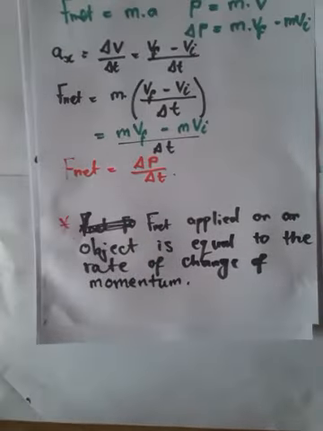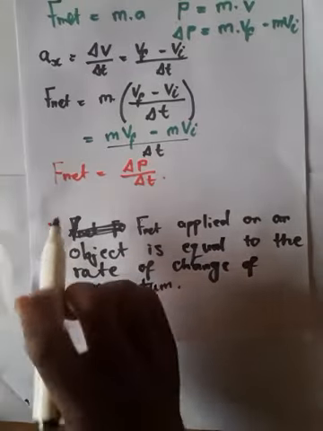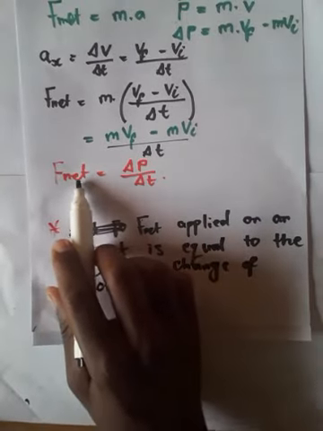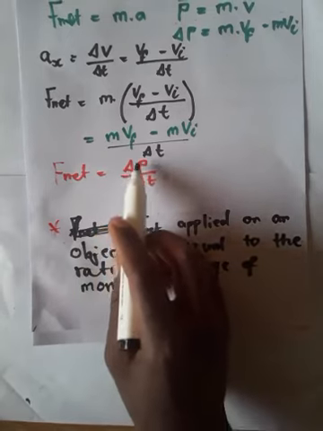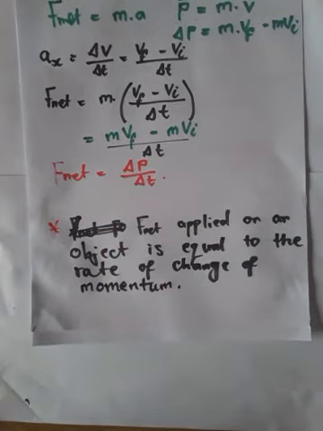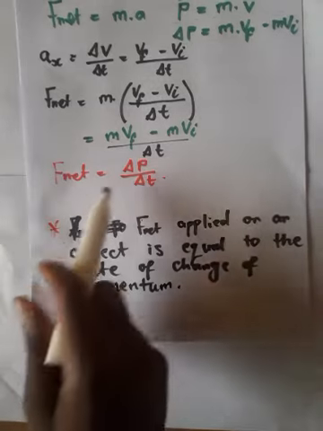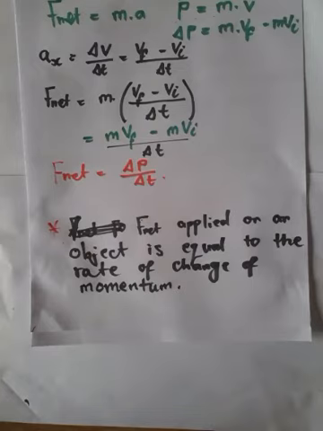So we can see here that the F net applied on an object is equal to the rate of change of momentum, or the change in momentum over time. That's how you can state Newton's second law in terms of momentum.